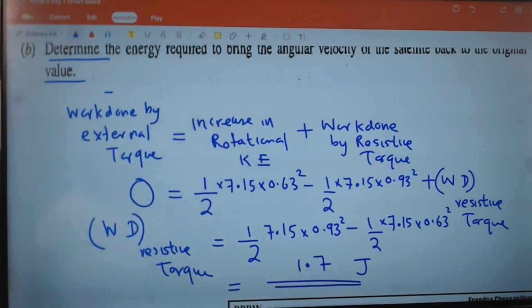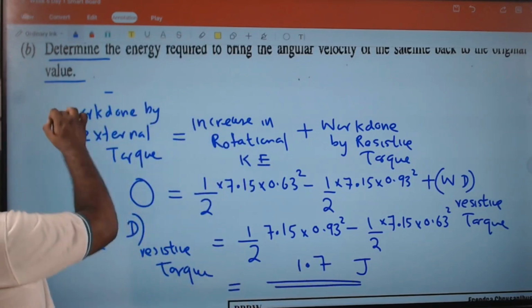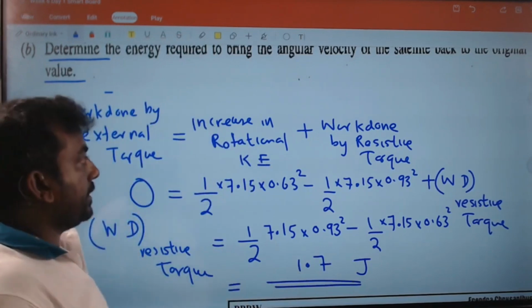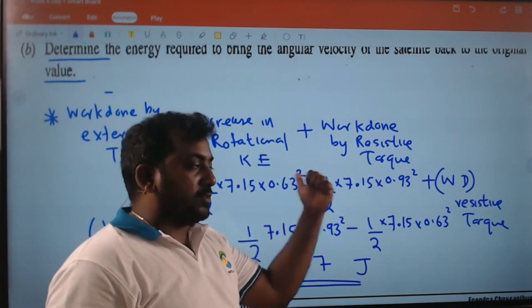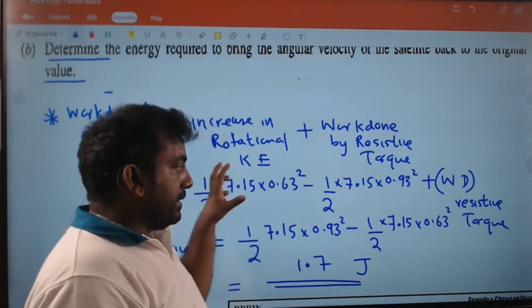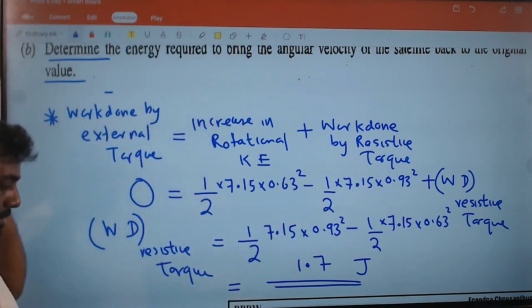So I've applied the work energy principle: final minus initial equals work done by resistive torque, so speed is reducing. There can't be external work done, only resistive work done. Once you have the resistive work done, you can find the required answer.